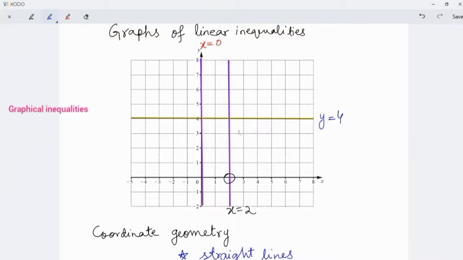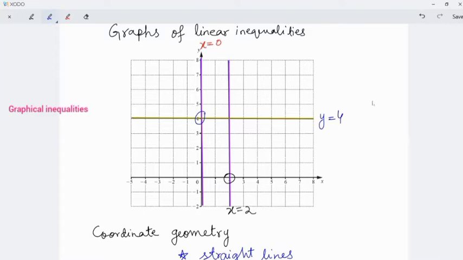So if a line passes through the y-axis at any point, which is the y-intercept, and this line is parallel to the x-axis, it has the equation y equals some point, and that point is known as the y-intercept. So the lines that are parallel to the x-axis have the equation y equals the y-intercept.